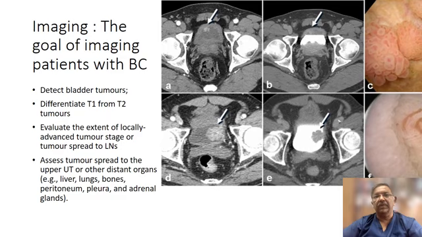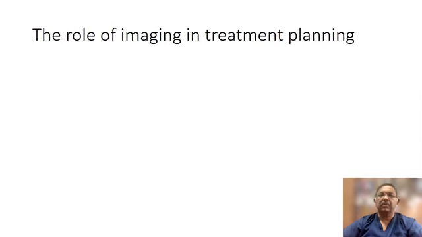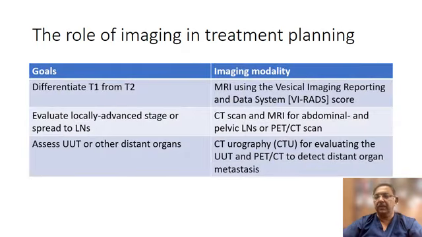A word about imaging. Imaging has really changed in bladder cancer now, and we are all used to the PI-RADS, and now there is a lot of talk about the VI-RADS, which is the vesical imaging, using a multiparametric MRI scan, very similar to the one that we have been using in prostate cancer, but now for bladder cancer as well.